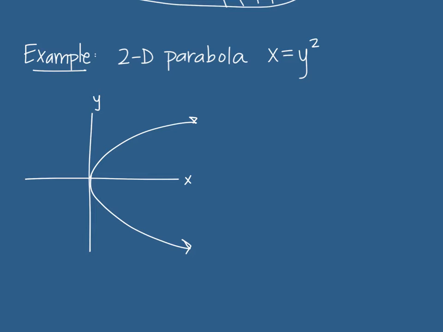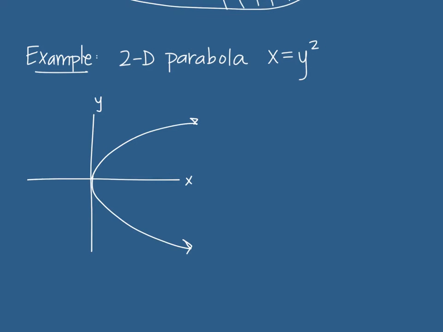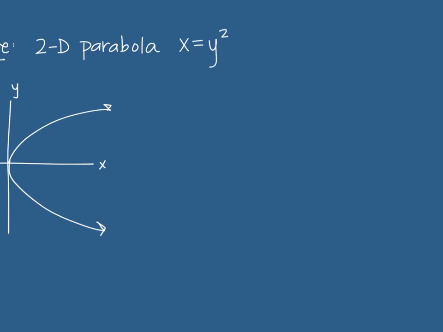Now the trick is drawing this, converting it into 3 dimensions. And so what I want you to do now is you keep your x-axis the same, but your y-axis needs to lie down flat, as if instead of straight up and down like this, we are now going to lie it down flat this way.